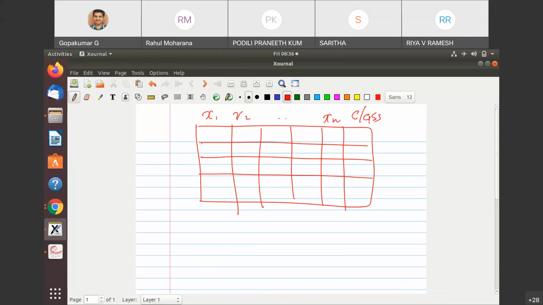That is how a data set is usually represented in tabular form in a machine learning problem.